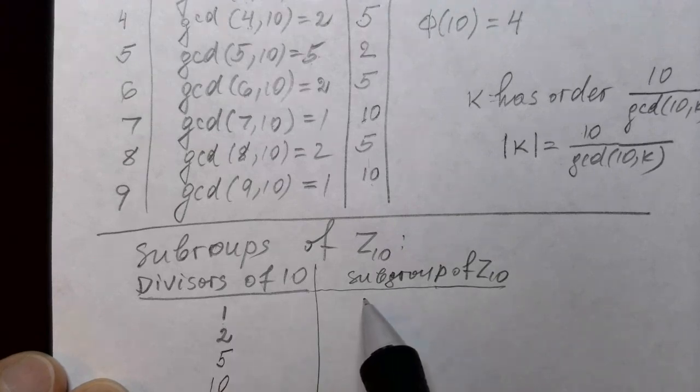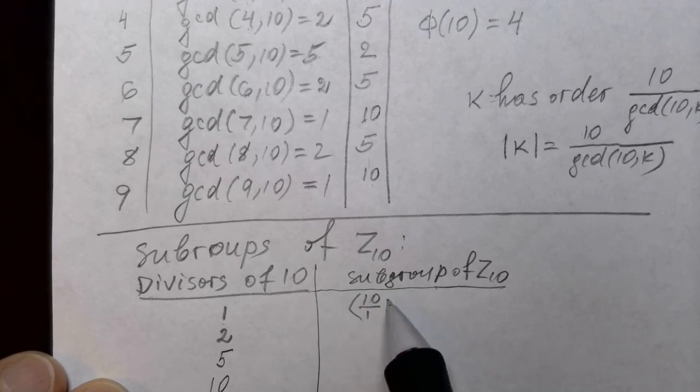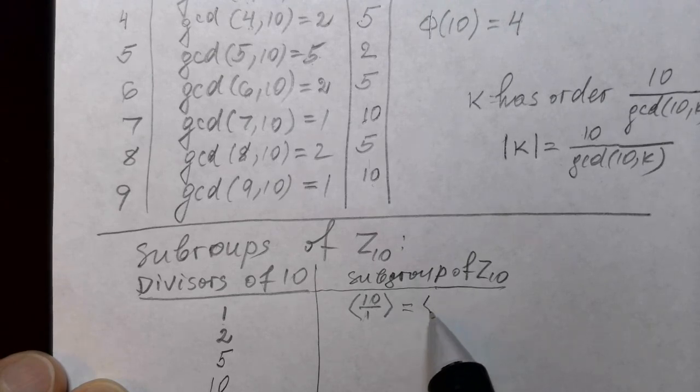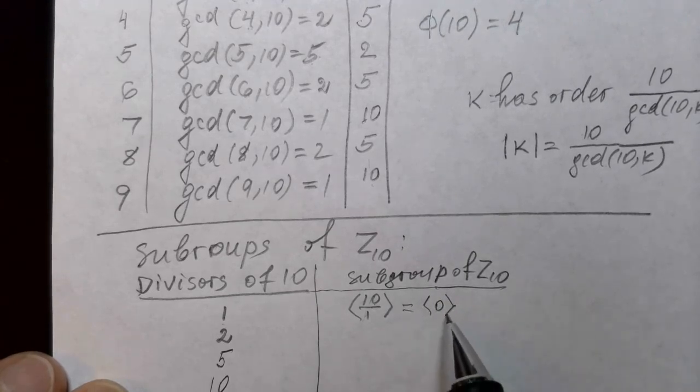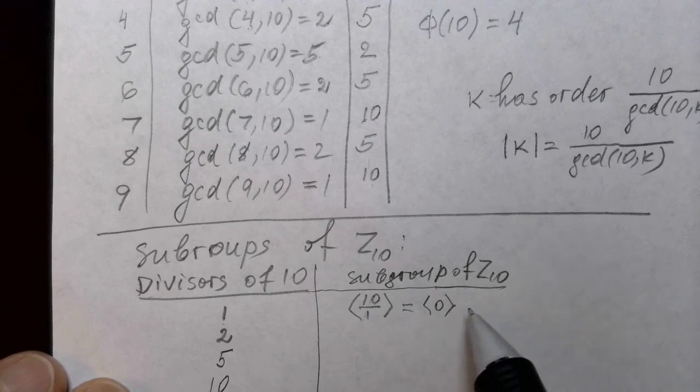Here we divide 10 by 1 and take the subgroup generated by that number. 10 by 1 is 10. 10 mod 10 is 0. We get the subgroup generated by 0, and it consists of the 0 only.